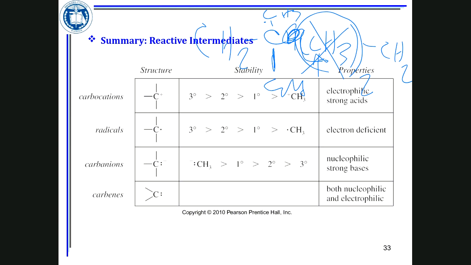So if you have this structure, T does not count for T-butyl. That's right. The only prefix that counts is iso.